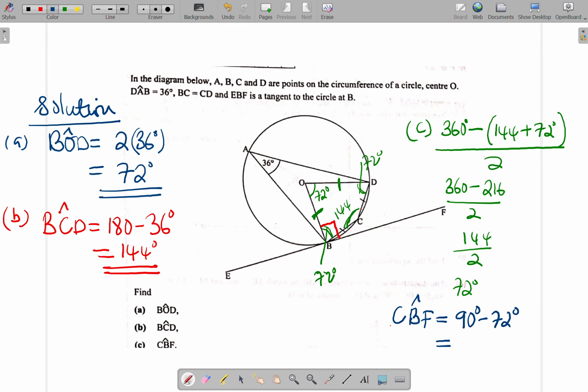So 18 degrees is my angle CBF there. This is part C of the equation.